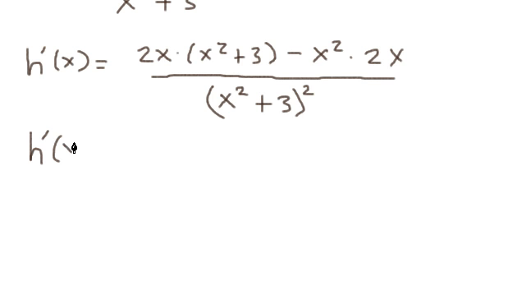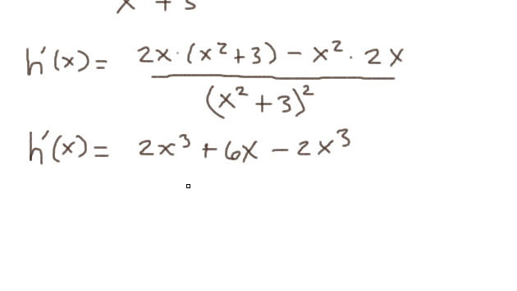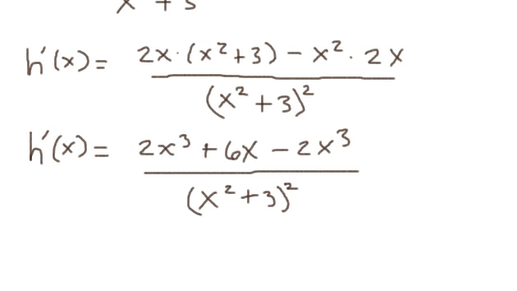Now let's simplify this down. So h prime of x is equal to 2x to the third plus 6x minus 2x to the third, it looks like, and that's all over x squared plus 3, squared. So we can cancel some things out.